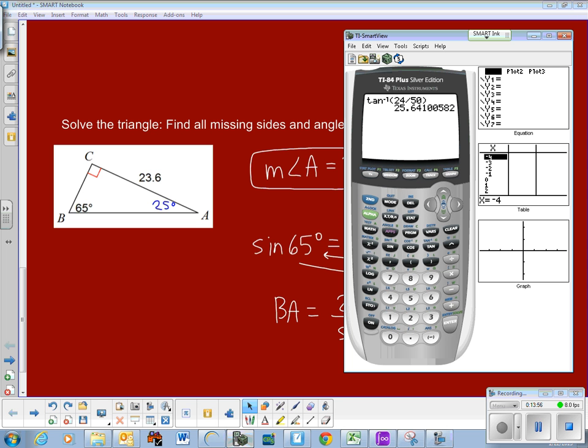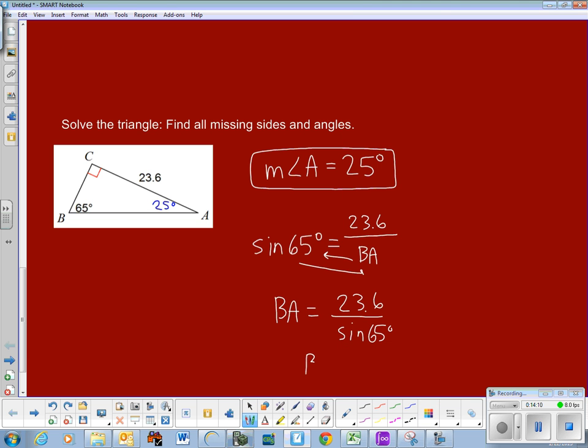All right, 23.6 divided by sine 65 is 26.0. Okay, and always make sure your answer is reasonable. You can find a lot of wrong answers if you will just eliminate unreasonable answers. I got a hypotenuse of 26, my side length was 23.6, so this is reasonable. So there's 2 of the 3 parts.